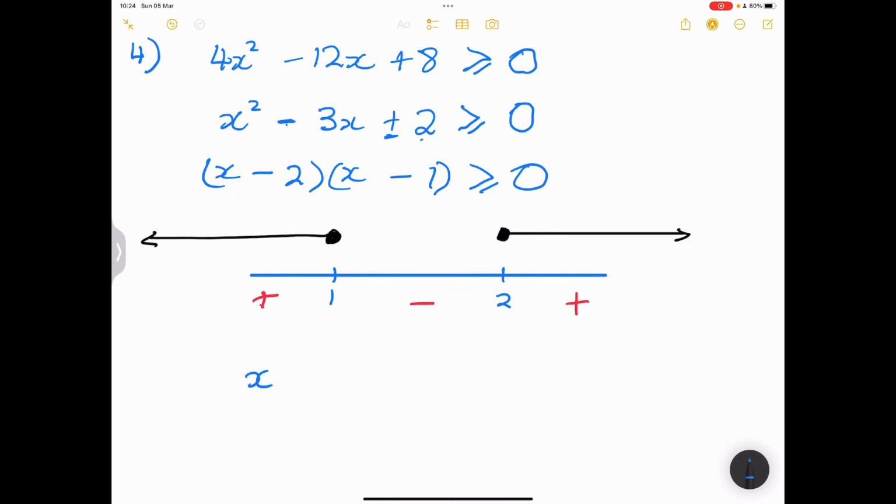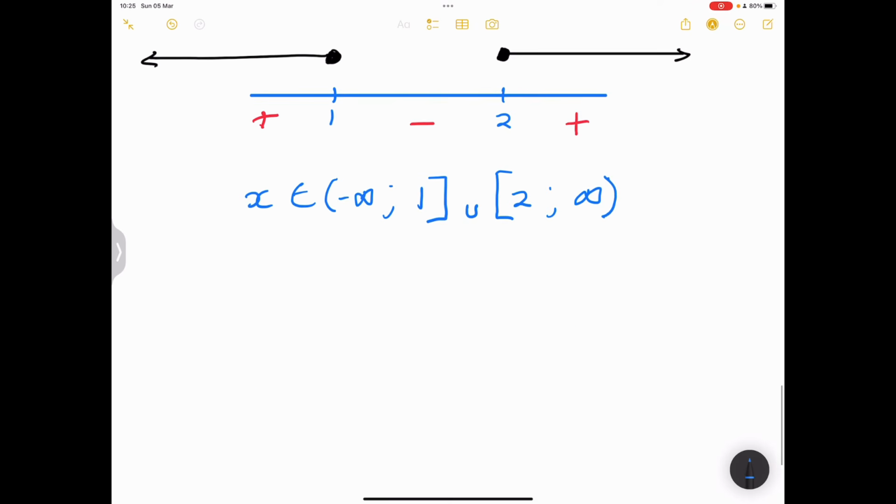Okay, I hope you are getting the hang of this, ladies and gents. x is an element of negative infinity all the way up until 1, but 1 is included in this case, as well as from 2, which is included, all the way to positive infinity, right?